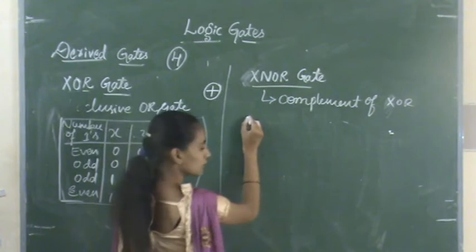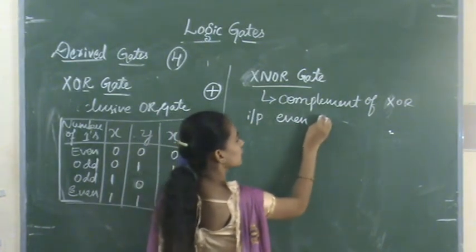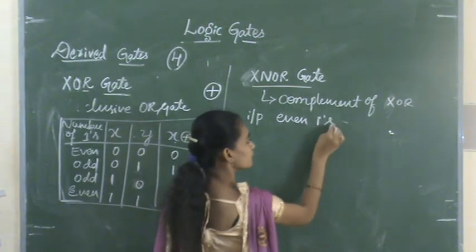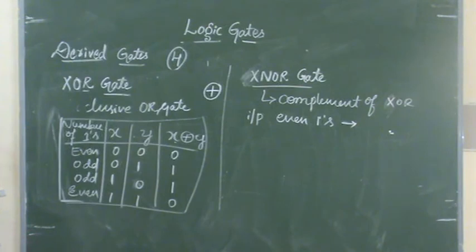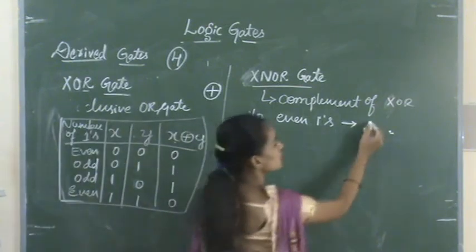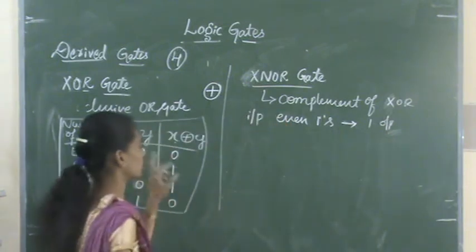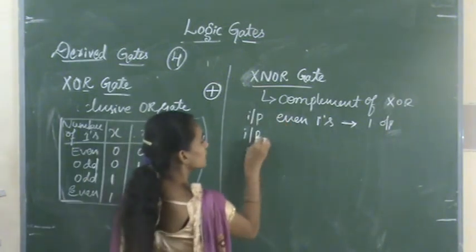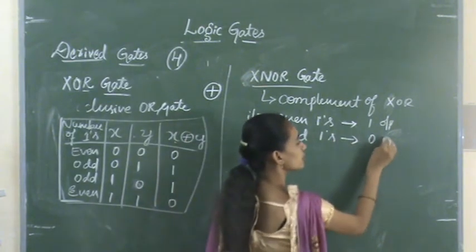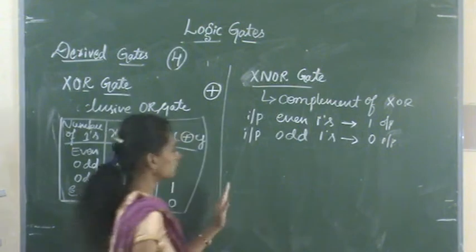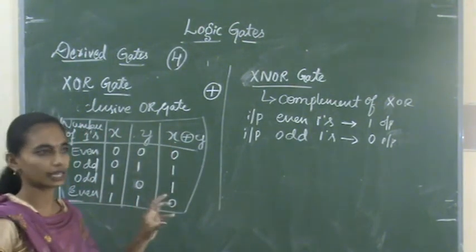If the input has an even number of ones, the output is 1, means the reverse of the XOR gate. If the input has an odd number of ones, the output is 0. Means it is a complement of the XOR gate.